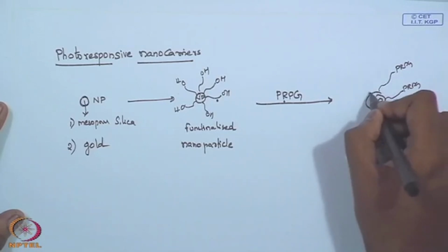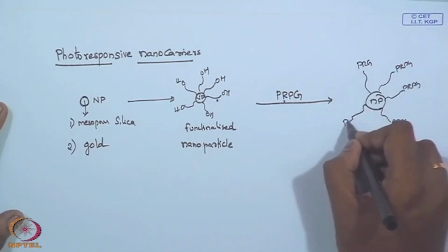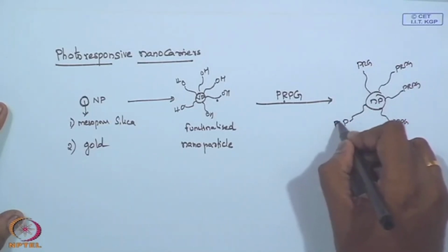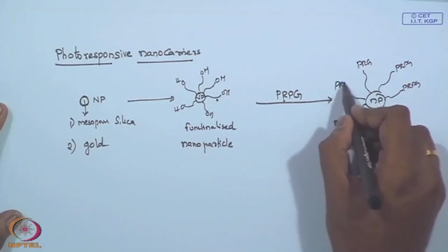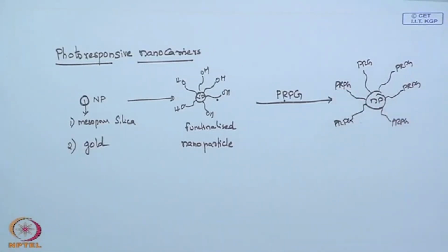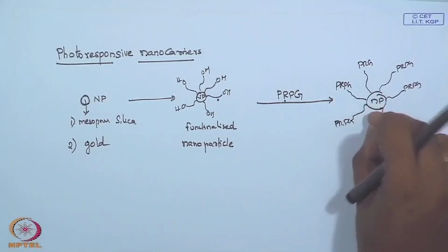You will have a system like this; you can construct it like this if you want. Once you construct such a system, it is called a photoresponsive nanocarrier.